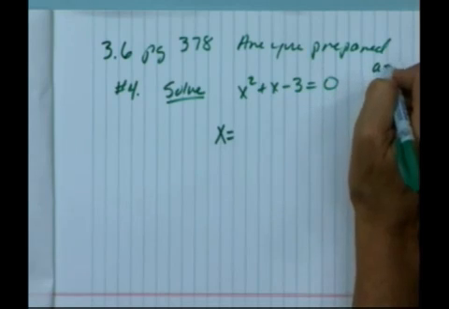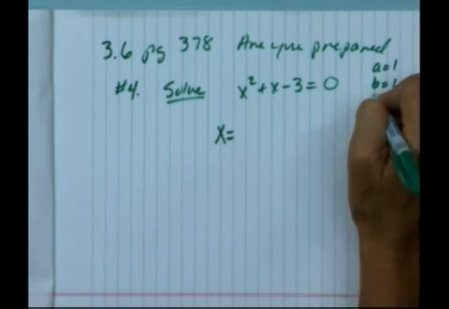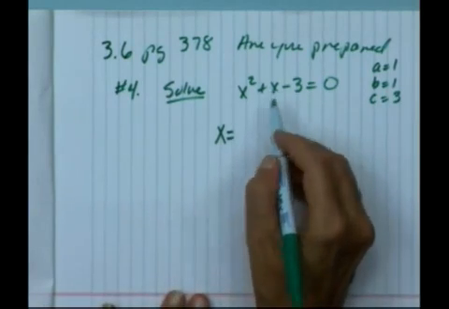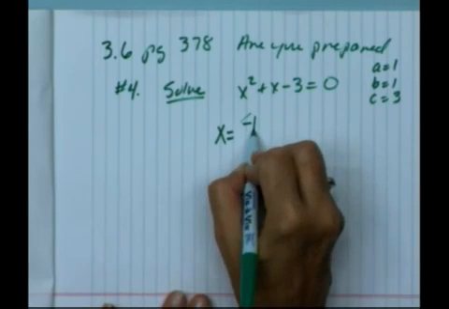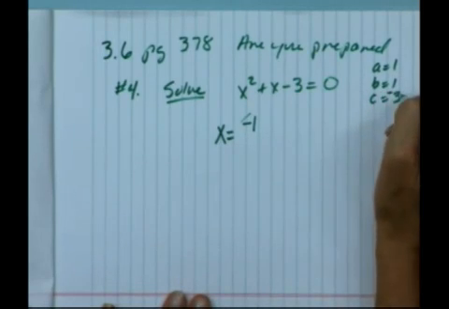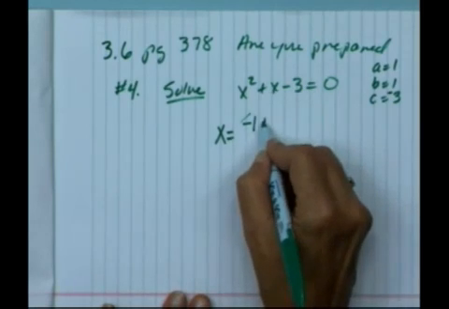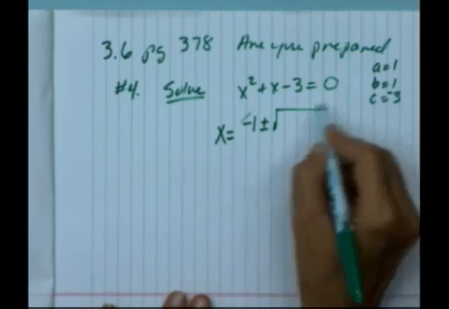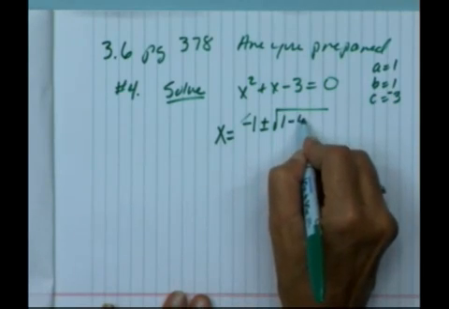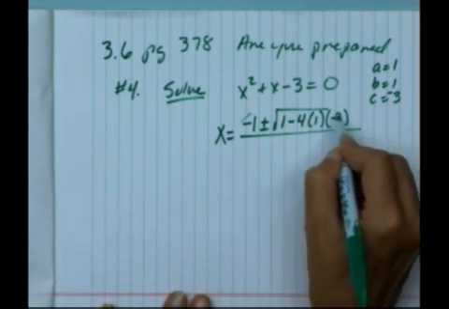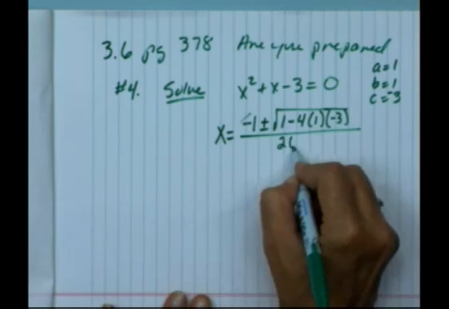Remember, your a is 1, b is 1, c is negative 3. So we have x equals negative b plus or minus square root b squared minus 4ac all over 2a.